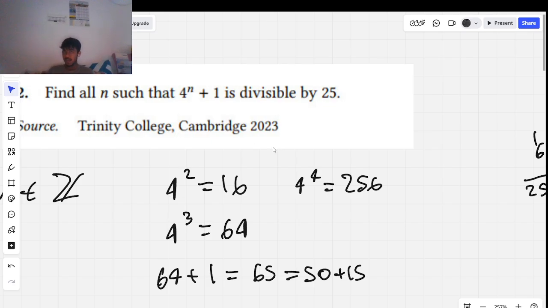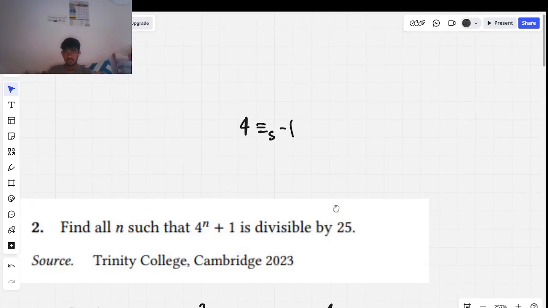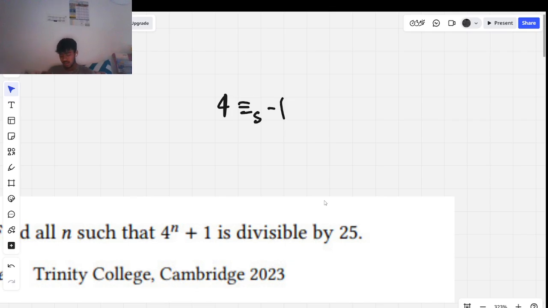Okay, maybe I can try to use modular arithmetic. So 4 is minus 1 modulo 5. I guess let's consider this. And 4 to the n is minus 1 to the n modulo 5.